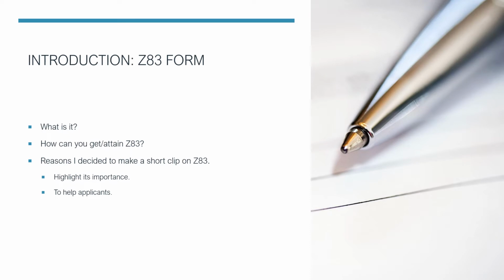So, what is the Z83 form? Basically, the Z83 form is one of the prerequisite forms that you are required to fill in if you are applying for a vacant post in the public sector in South Africa. What is its purpose?